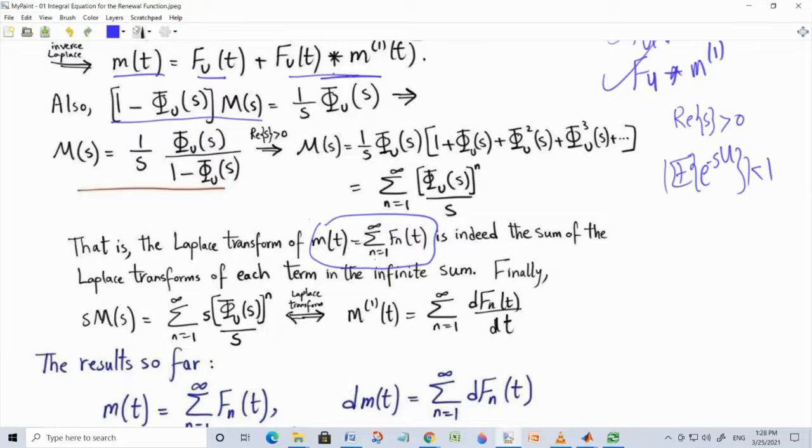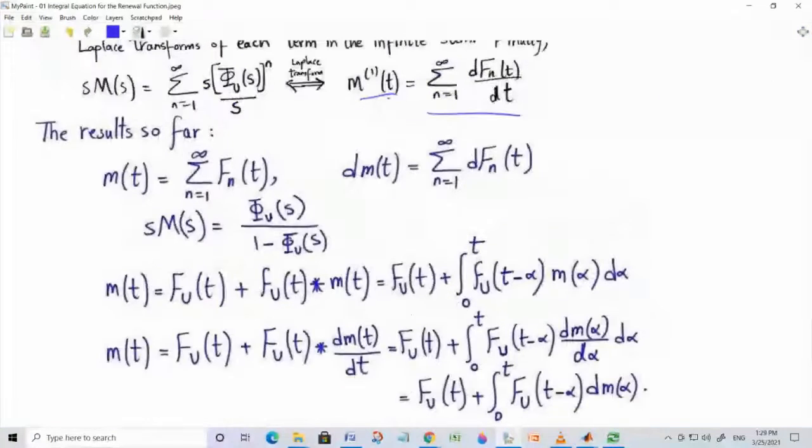And so we can basically write down something like that. And also for differentiation. So you can assume here that we can interchange Laplace transform and infinite summation, and you can interchange the derivative operator and basically infinite summation. Okay, so we will take these for granted and we'll use them later.